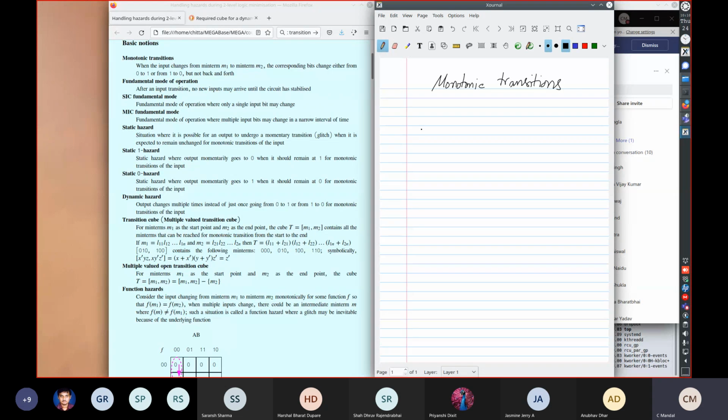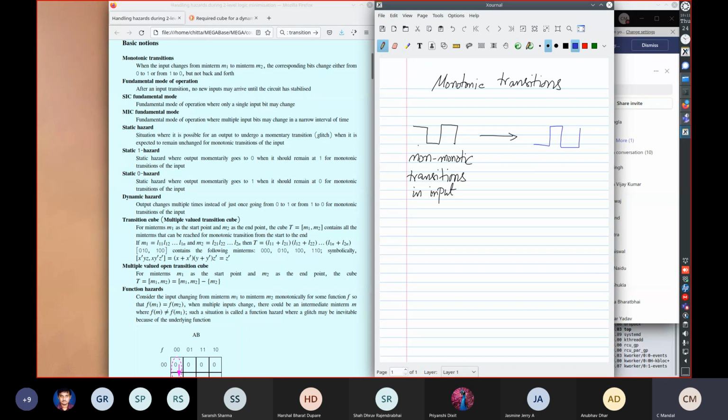That means if your input change is non-monotonic, then it's only expected that you will have some non-monotonic transitions in the output.